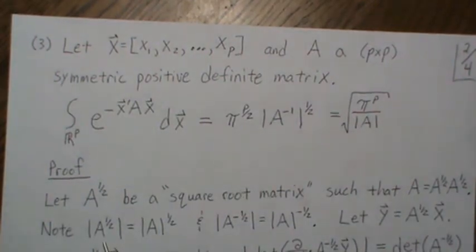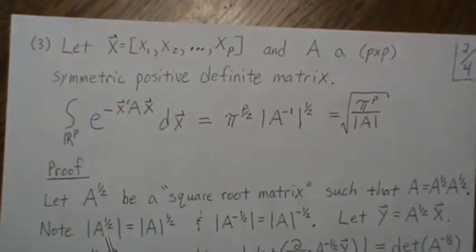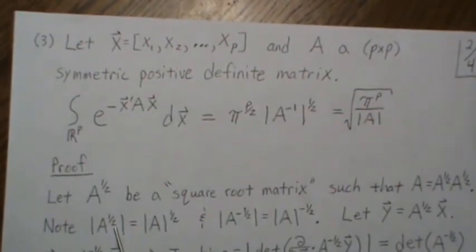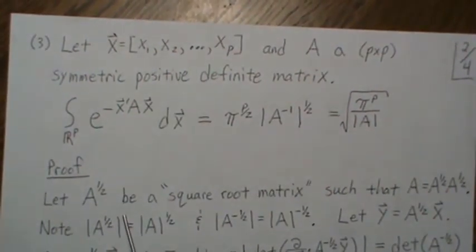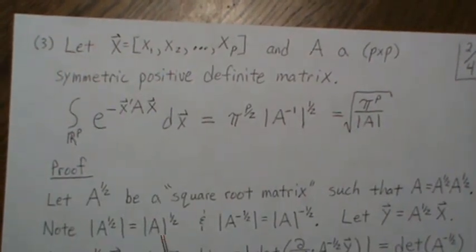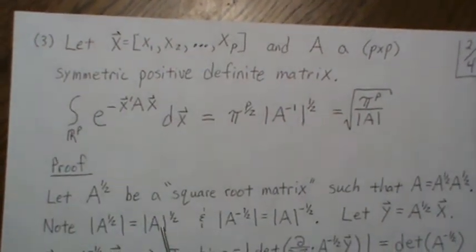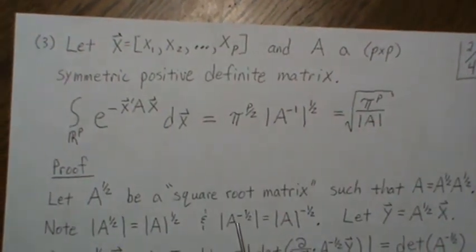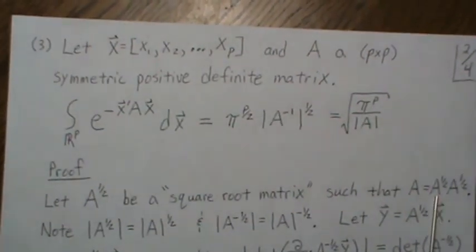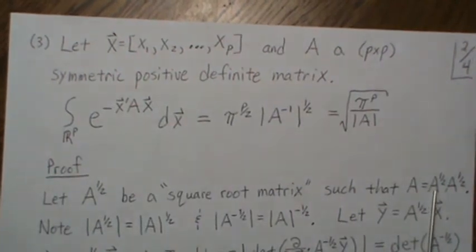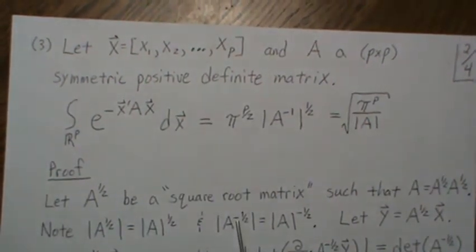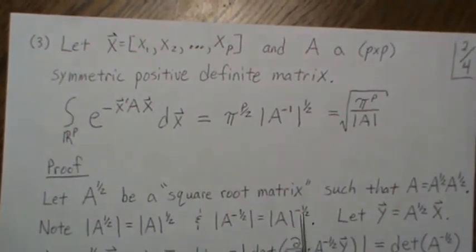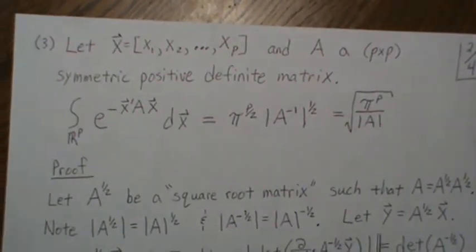So the determinant of A to the 1/2, you can really take that 1/2 out, and then it ends up being the determinant of A, the square root of that. And then in the same way, since these are positive definite matrices, you can take an inverse, but that minus 1/2 can be easily shown to come out of that determinant.